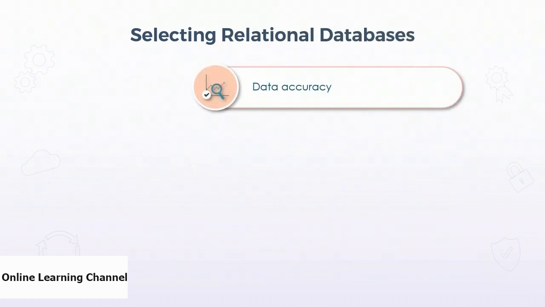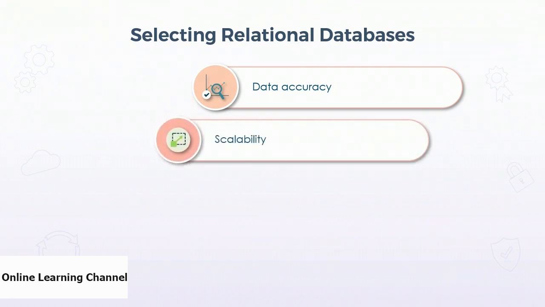There are several factors to consider when choosing a database. What are your data accuracy needs? For instance, are you writing banking software where consistency needs to be guaranteed? Or are your consistency needs less stringent? Say, if you're writing software that reports analytics on social media posts, and eventual consistency is acceptable. What are your scalability needs?